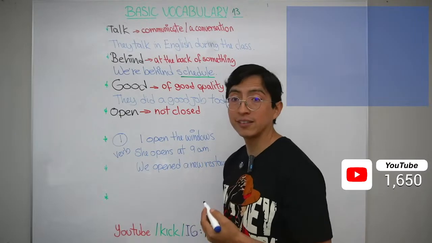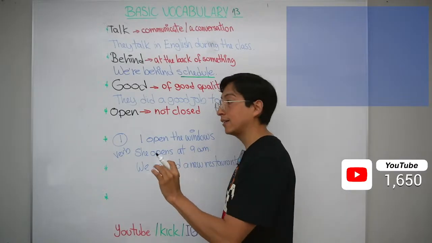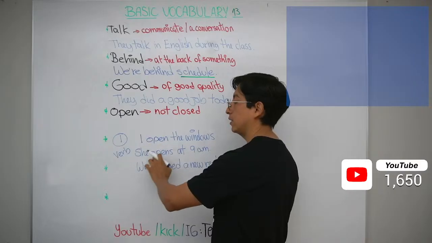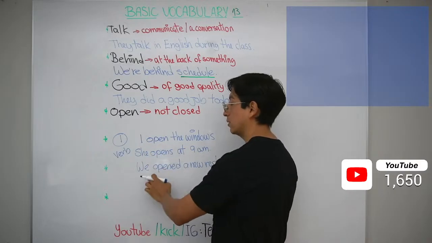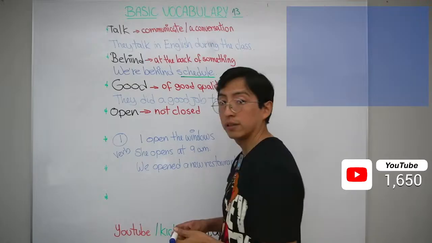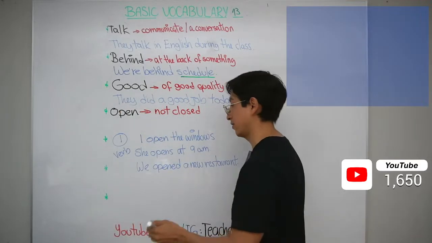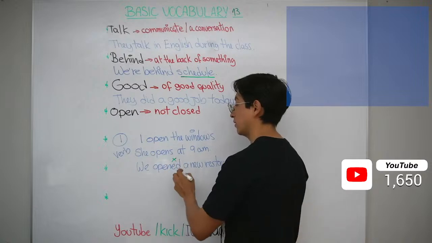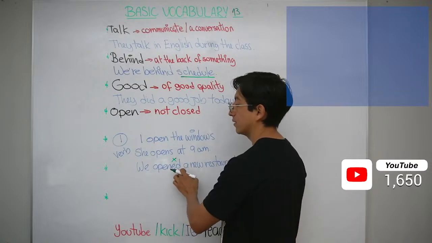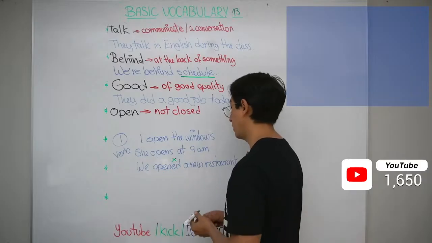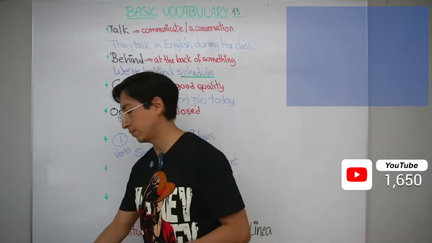So, as you can see, open is a verb. You can say they open, she opens, we opened. Remember, we never pronounce the letter E here. We opened, letter D, opened, okay? We opened a new restaurant.